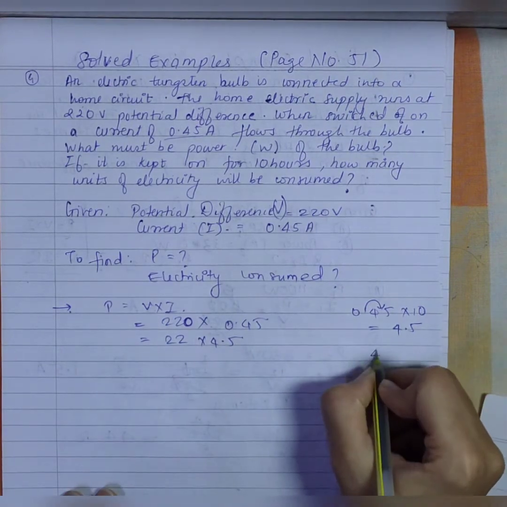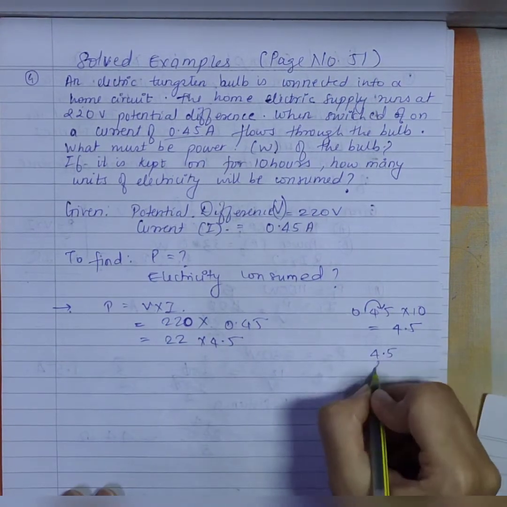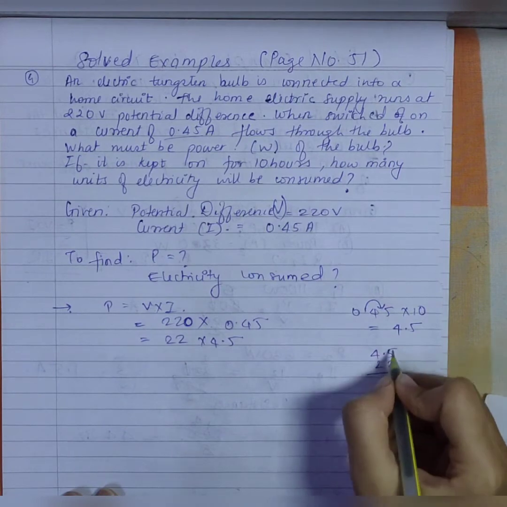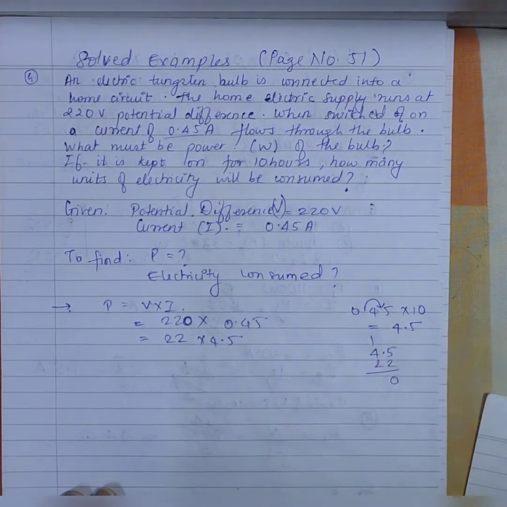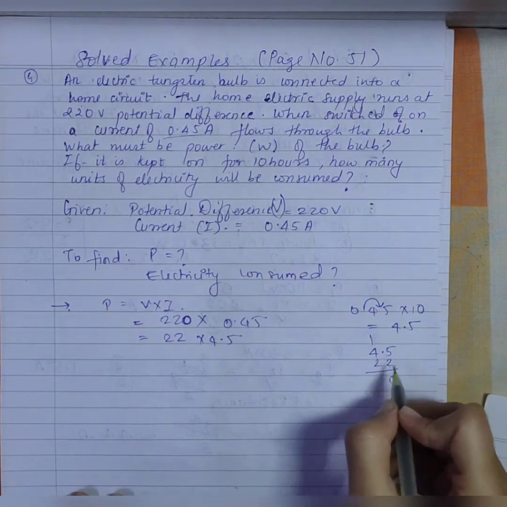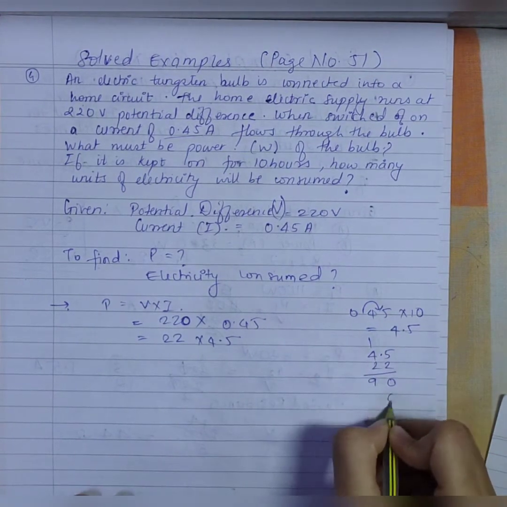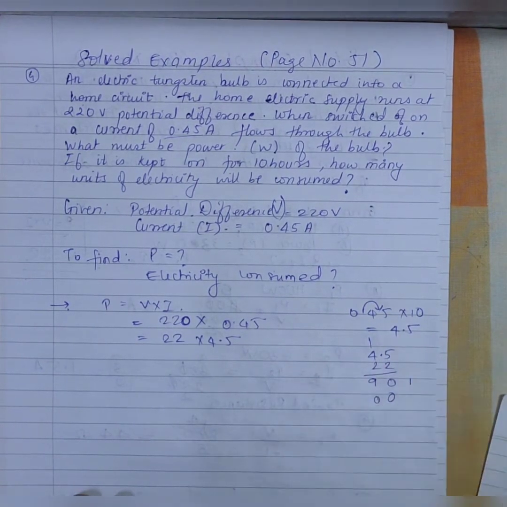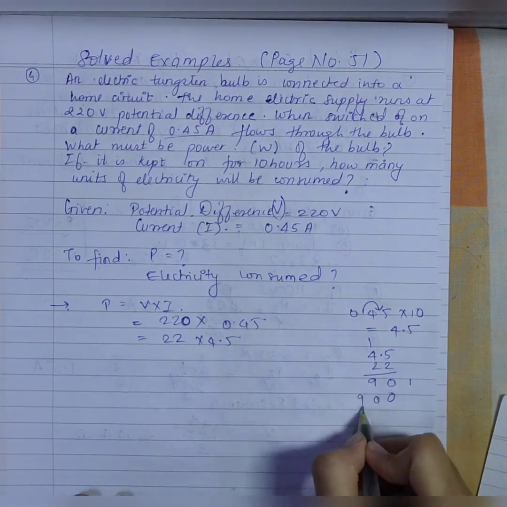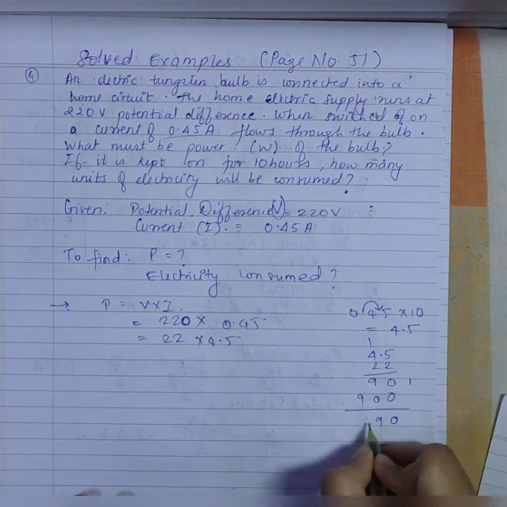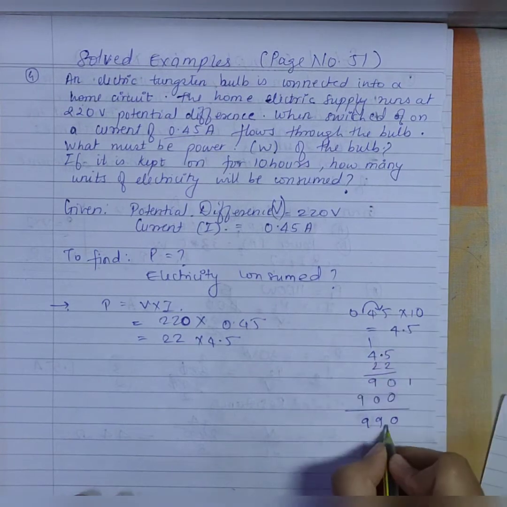So let's do that: 4.5 into 22. 5 2s are 10. Then 4 2s are 8, carry over 1, 9, 0. 5 2s are 10, again carry over 1 and 9, 0, 9, 9, and 1 decimal place.